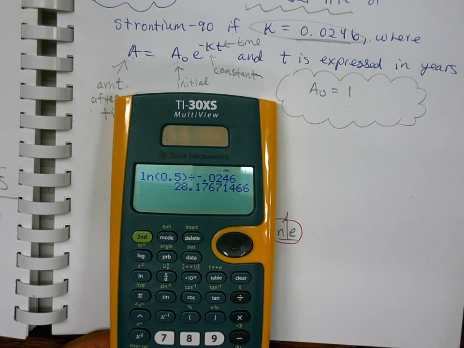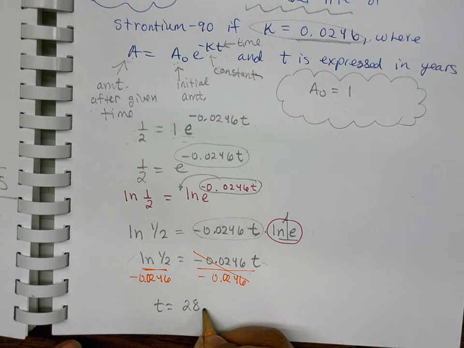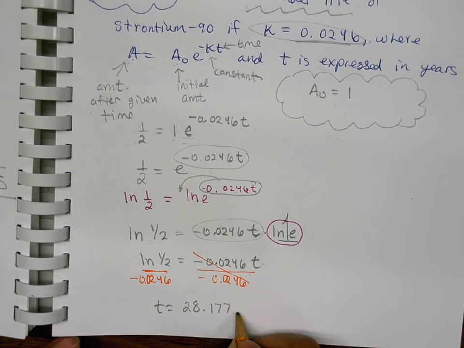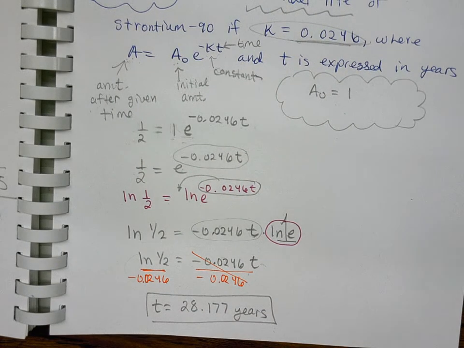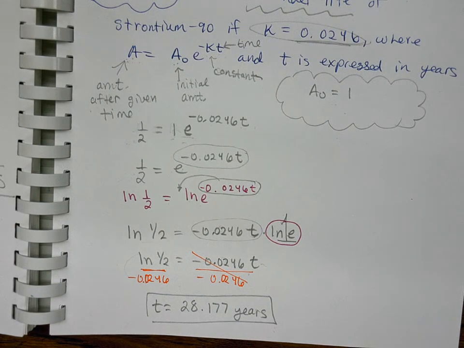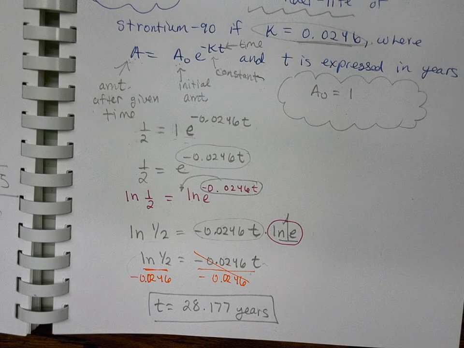The half-life of this element is 28.177 years. It takes 28.177 years for us to end up with half of the amount of what was started with. Definitely on the test, by the way.